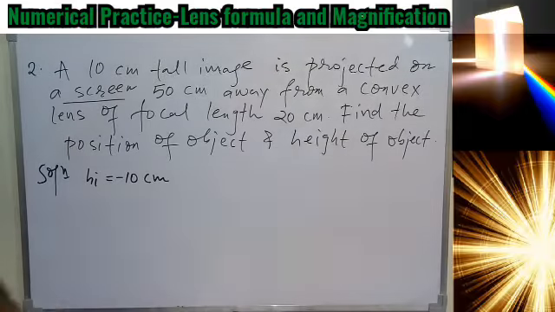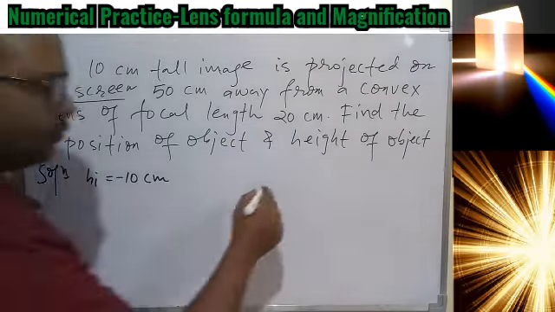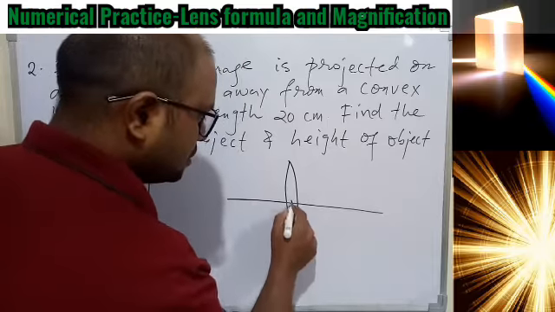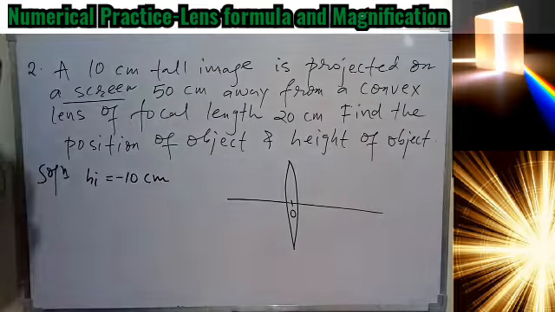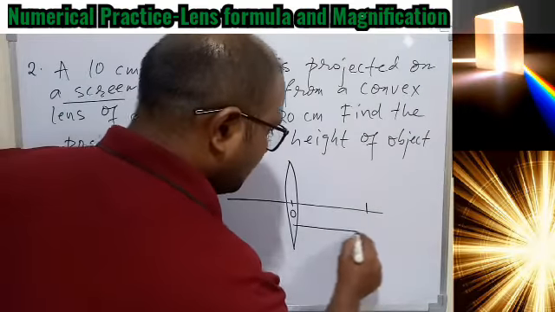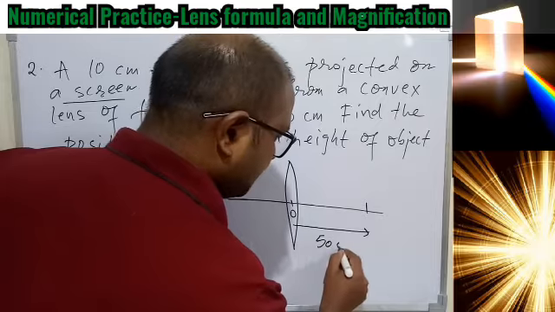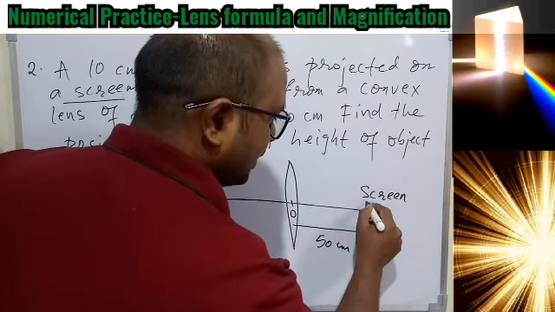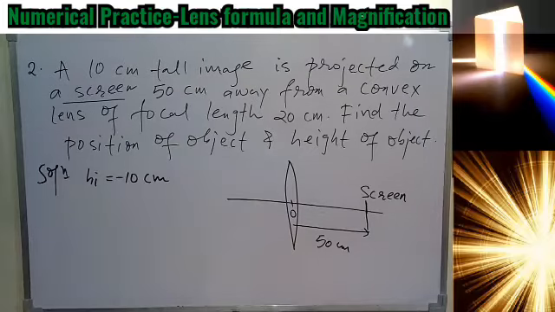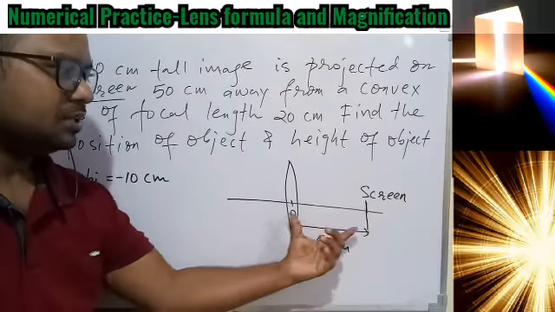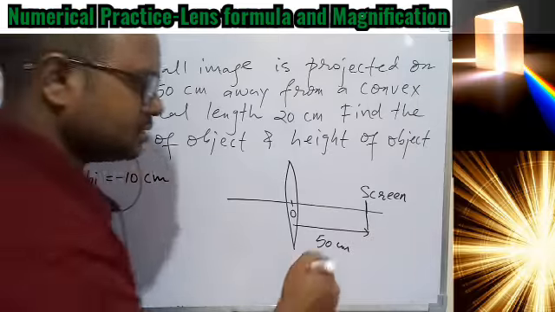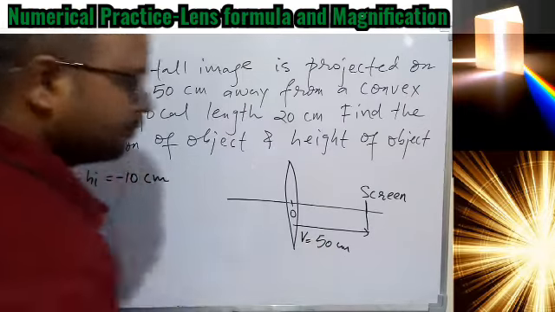50 centimeter away from convex lens. So very first let's try to understand this with the help of diagram. So this is my optical center, and at the distance of 50 centimeter the screen is placed where we are able to get the image. So it is understood the distance of the screen from the lens is nothing but the distance of the image.